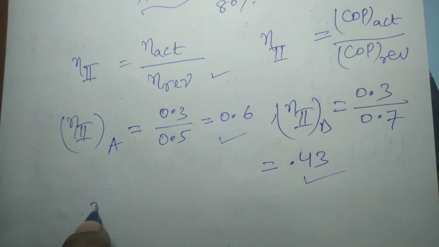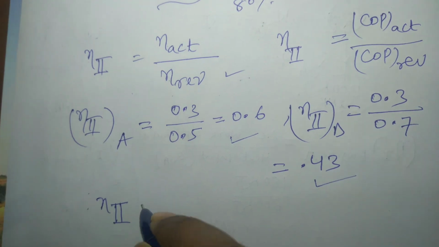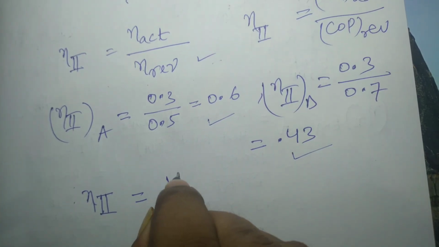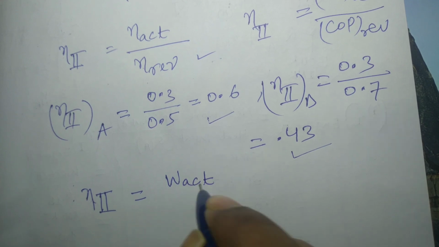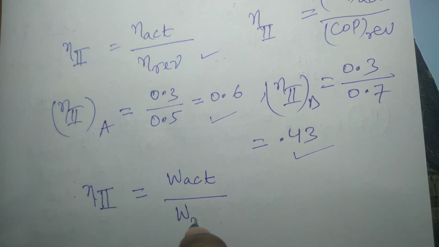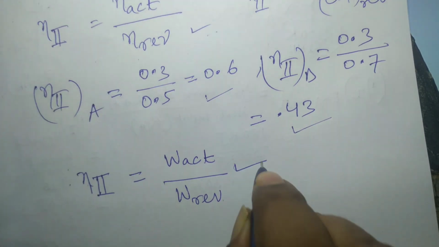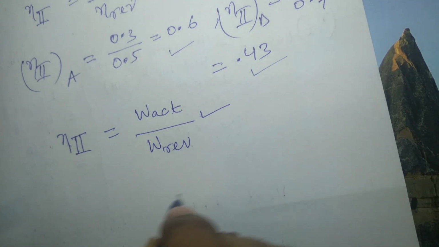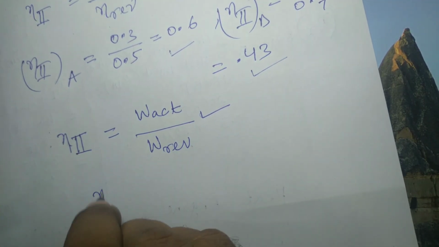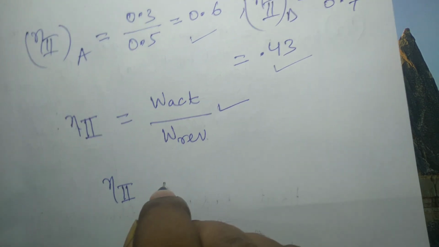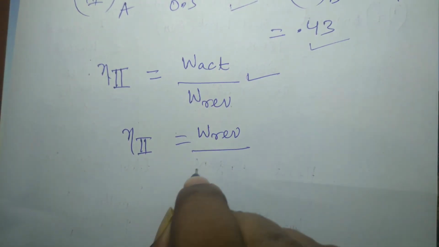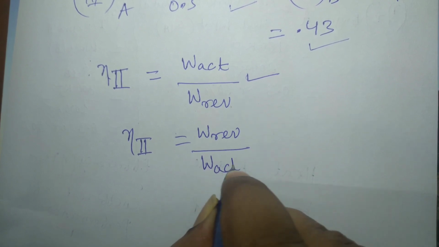In that case, you can have a more general definition of second law efficiency, and that is actual work divided by reversible work if it is a work producing device. And if it is a work consuming device, then the second law efficiency would be reversible work consumed divided by actual work consumed by the device.